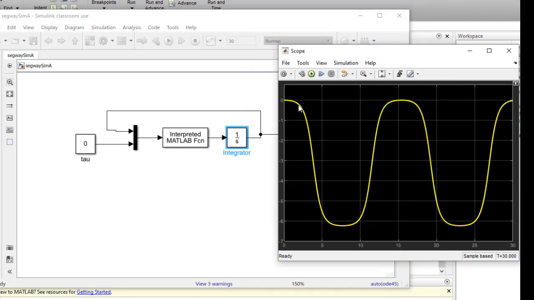We see it starting there at 0, and then it goes negative, so it falls over on the uphill side, and it looks as though it falls through the ground. That's not really physical, but we don't have the impact with the ground in our mathematical model, so it swings all the way down through the ground and comes back up upright again, and swings back down and goes back up again.